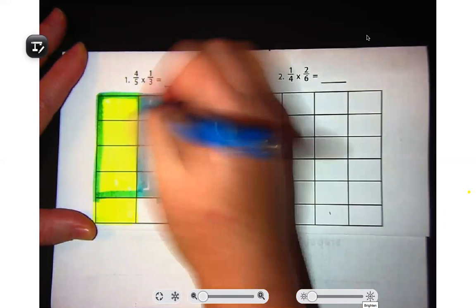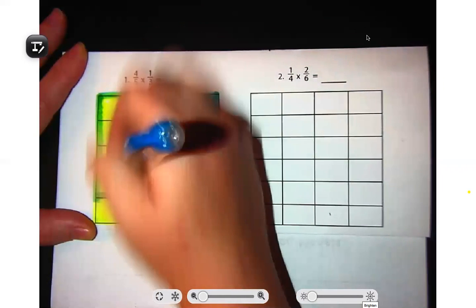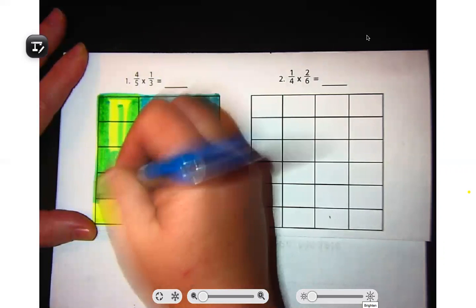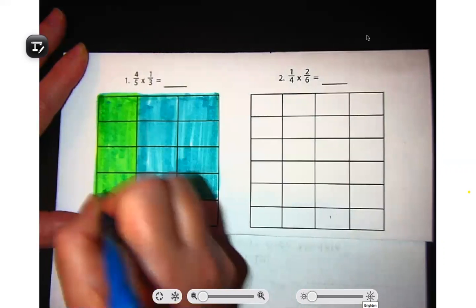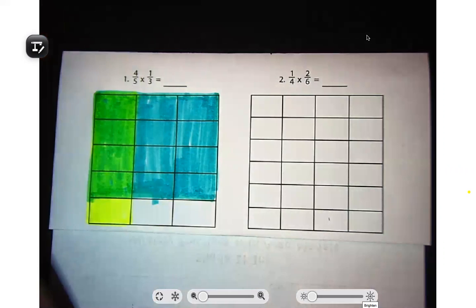Okay. And I'm also going to shade over the top of this part because this part is going to have both of the colors. So when it has both of the colors, that is going to be my answer.